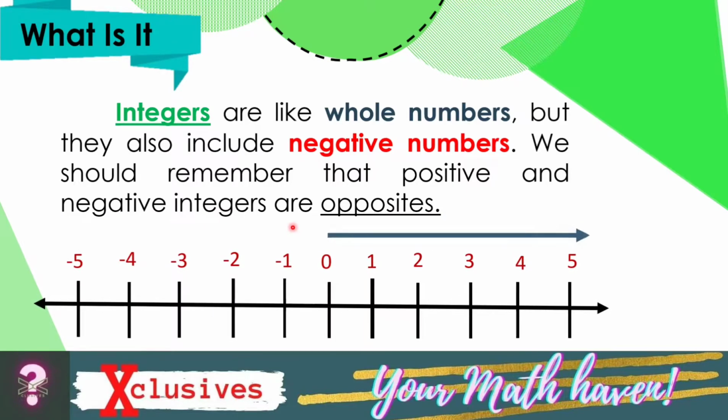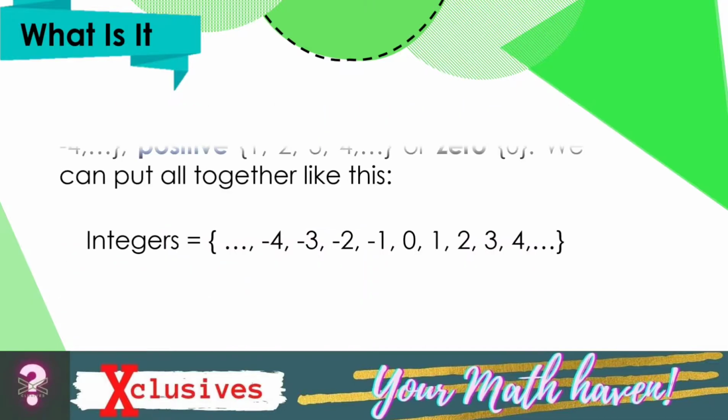Positive numbers are just the opposite of negative numbers. For example, the opposite of positive 1 is negative 1. The opposite of positive 2 is negative 2.